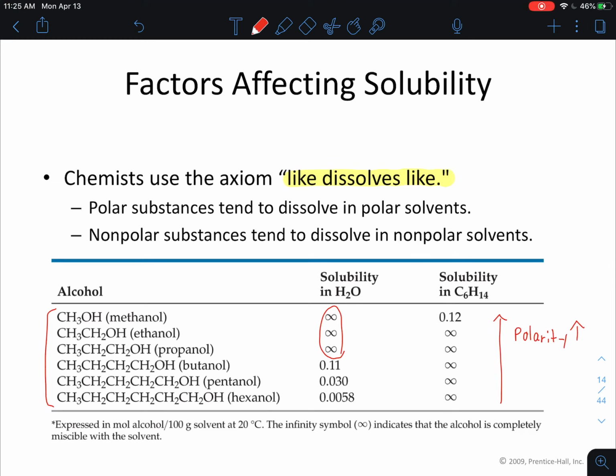But then everything is dissolving in a nonpolar solvent. So polar, nonpolar.